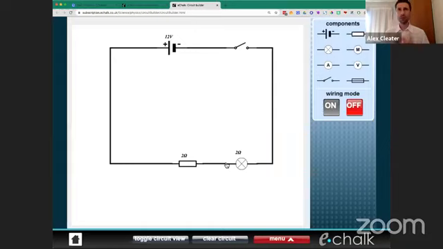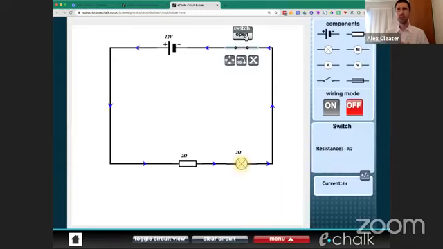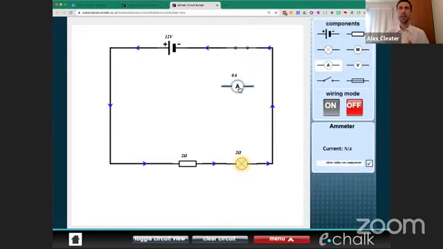Good. Close the switch on the circuit, please. Can you also connect an ammeter to the circuit? There is fine. And spin it around.